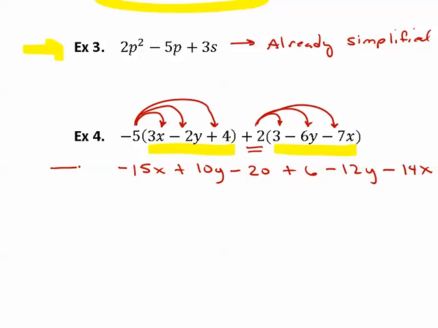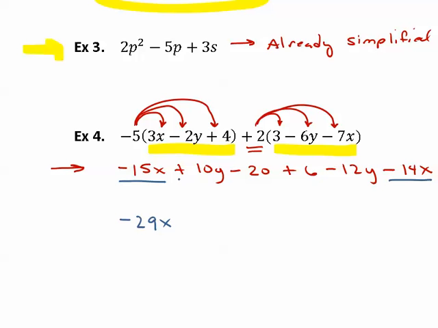So we have distributed the outside factors to the terms inside, and now it's time to go through and combine the like terms. So alphabetizing this, we're going to put the x's together first. Let's go ahead and do that with lines. I have negative 15x and a negative 14x. That's a total of a negative 29x.